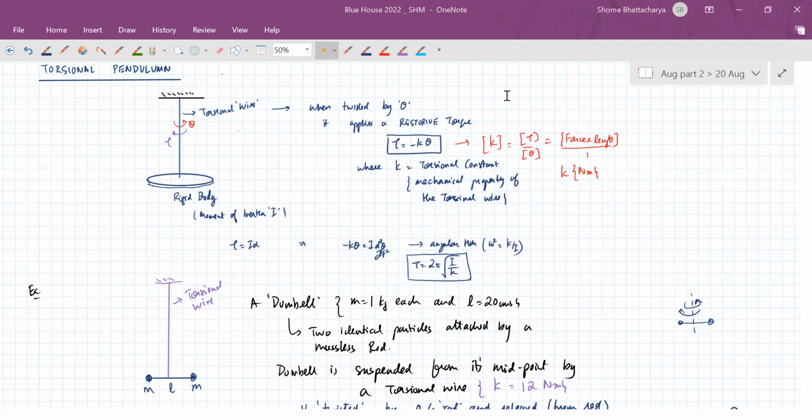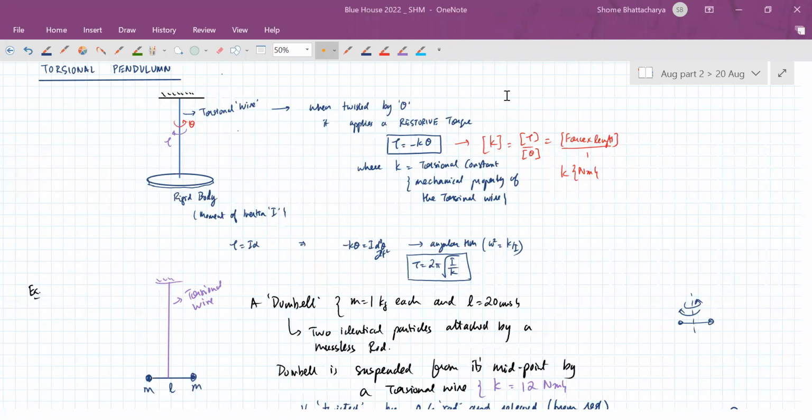Okay, so when you twist the torsional wire, the dumbbell rotates with it, but the torsional wire now applies restorative torque. So the dumbbell has a tendency to get restored back to the position it started from. In the process, it oscillates. So this is just like an angular version of your spring mass system.